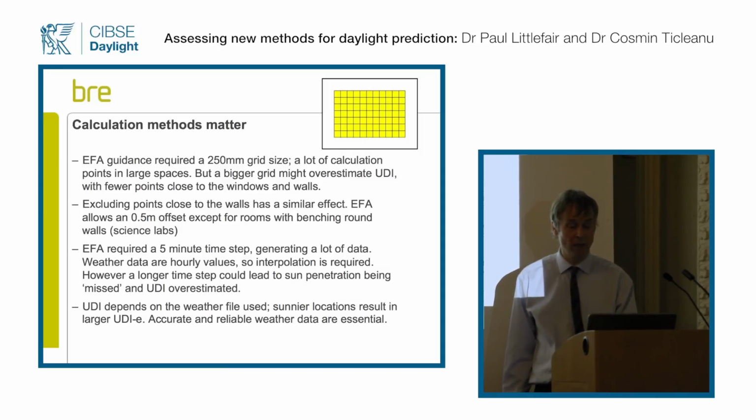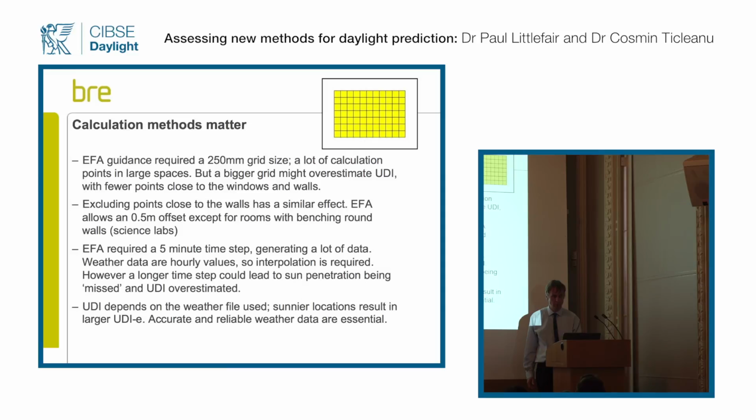So accurate and reliable weather data were seen as essential. Has anyone done any work looking at the different weather files? Because obviously in temperature terms, CIBSE and the Met Office have been through a great deal of effort trying to get average years and design peak years just on temperature, which has a number of parameters and other compromises.